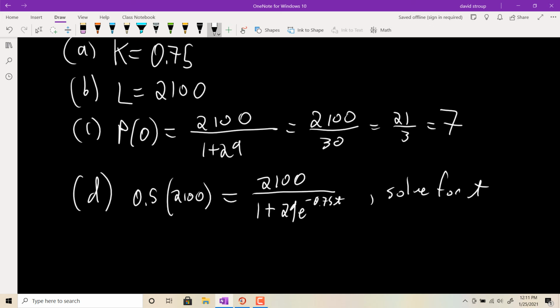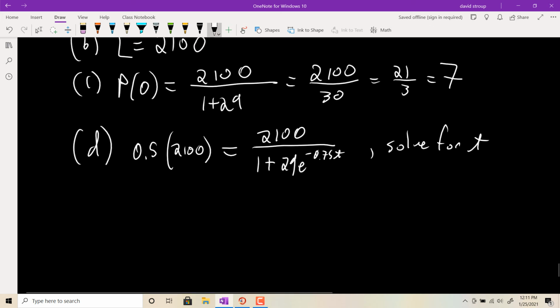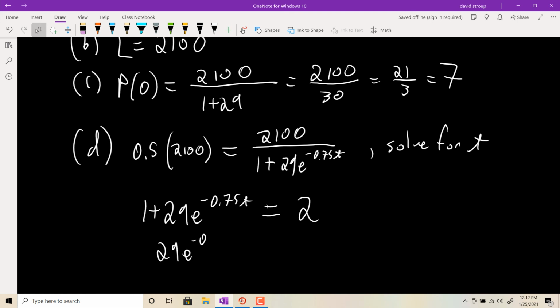All right. Okay, so what do we have? Divide, cross multiply or whatever, you're going to end up with 1 plus 29 e to the negative 0.75 t. That'll equal 2 eventually. So 29 e to the negative 0.75 t equals 1. Divide.